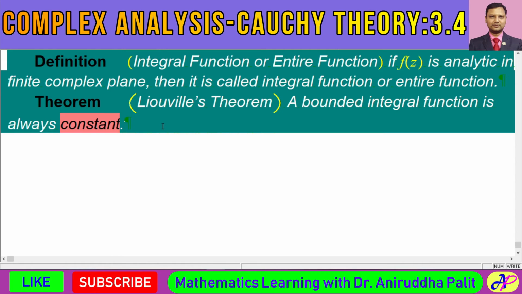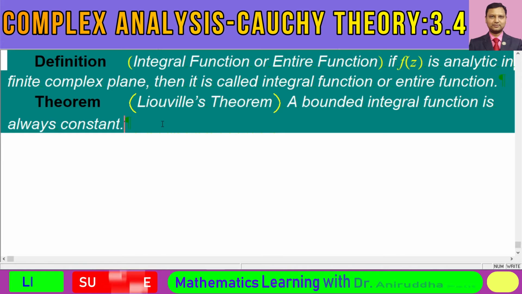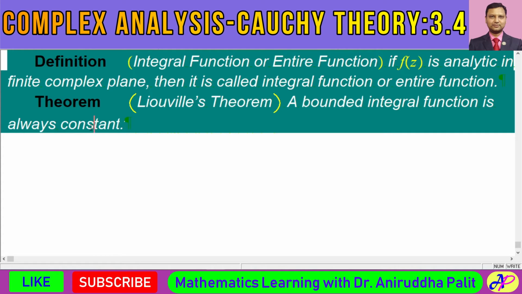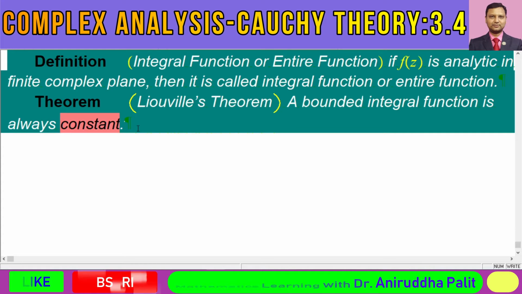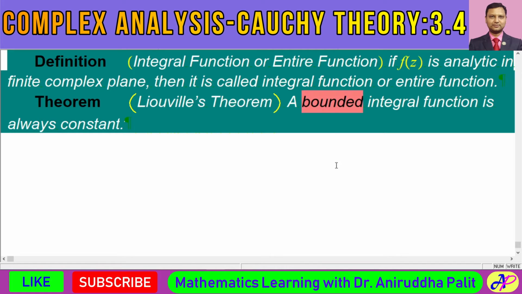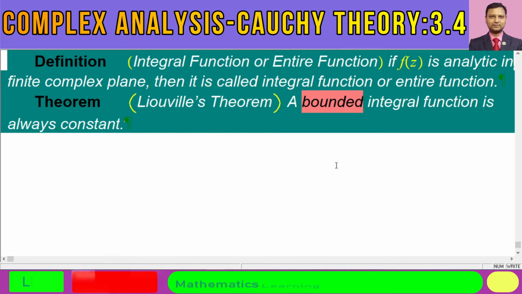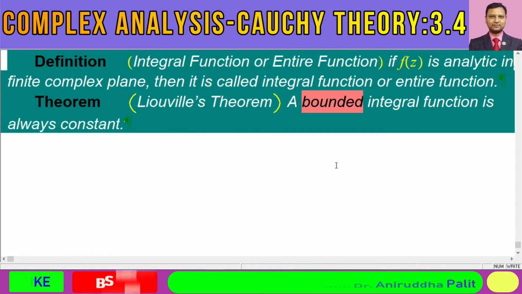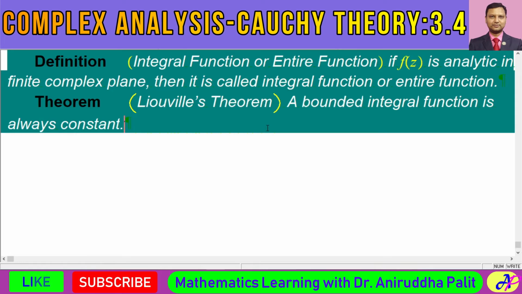That means, other than constants, if you consider any other integral function, it would never be bounded. A variable integral function will never be bounded. All such variable integral functions should be unbounded quantities. Anyway, let's prove this result.